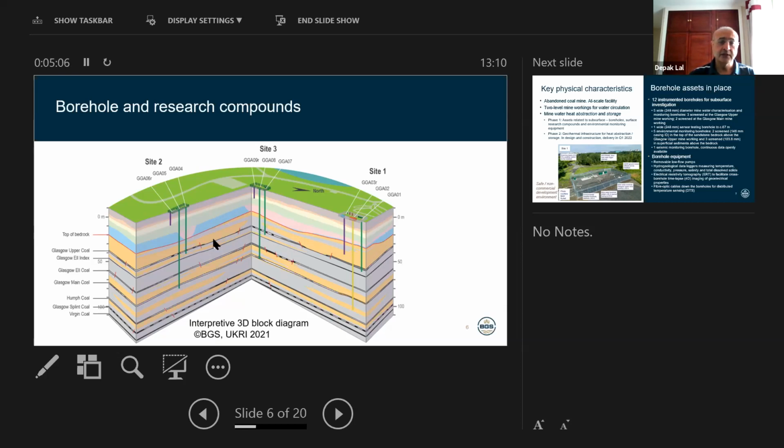And essentially, what we've got here is the Glasgow Upper coal seam and the Glasgow Main coal seam. By tapping the mine at these points, we can have different flow regimes through the mine with the water flowing between the different levels. So we can do different kinds of research at the site.